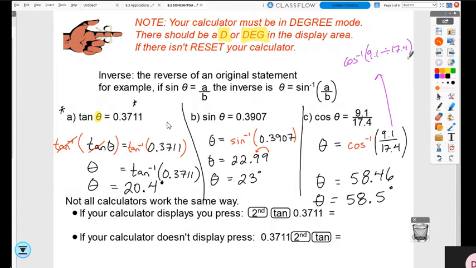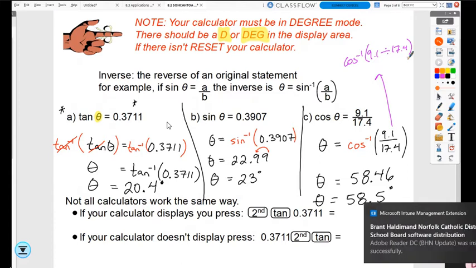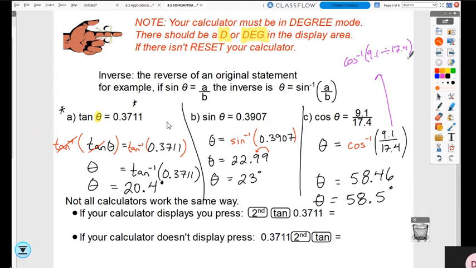So now instead of just close, it's shift then close. And that's 9.1 divided by 17.4. Close the bracket. There you have it. You're welcome. Good? Okay.